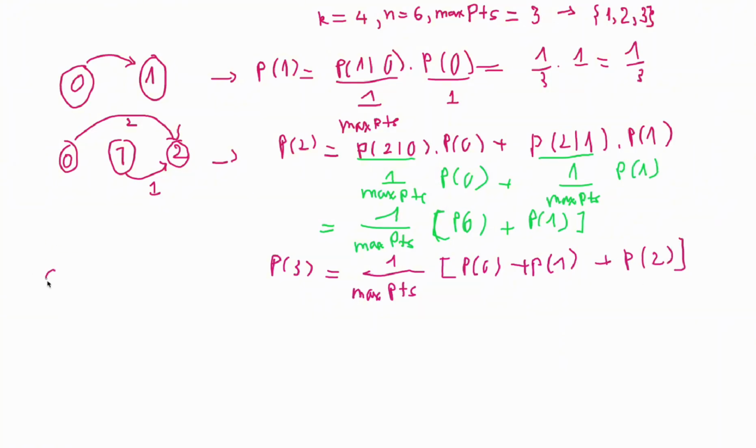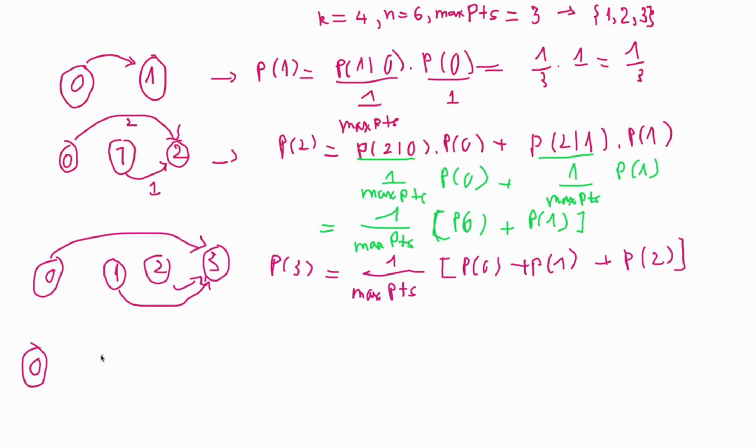So we have 0 in here, 1 in here, 2, and 3. It means that we can move from 0 to 3, from 2 to 3, and also from 1 to 3, right? And because they are conditional probabilities that are equal, we can group them together.